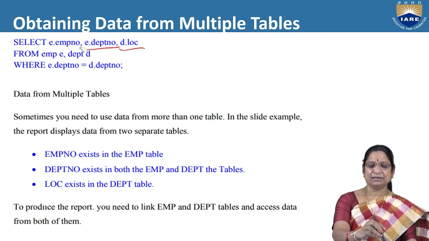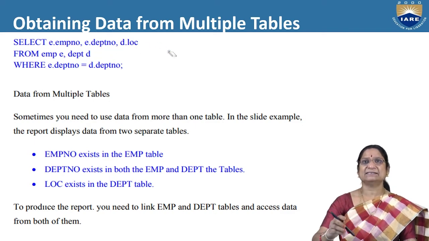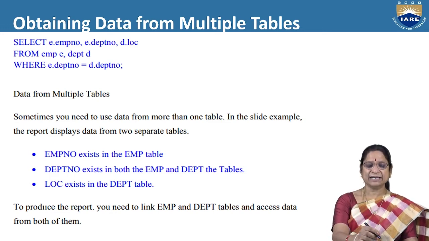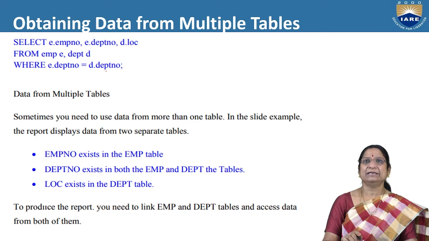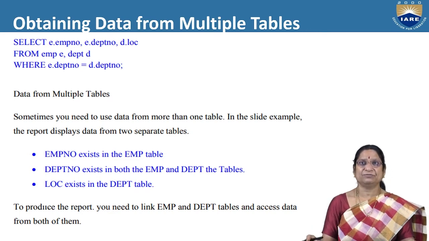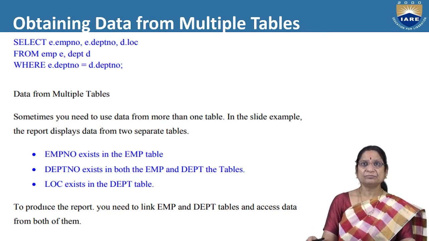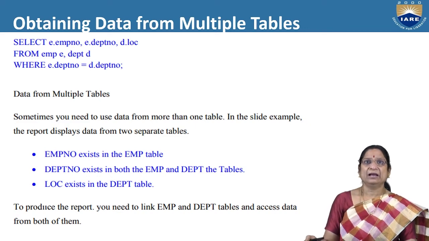So we are renaming EMP and DEPT as E and D. So select E dot EMP number, E dot department number means both attributes are taken from the employee table. D dot location means that attribute is going to be taken from the department table.